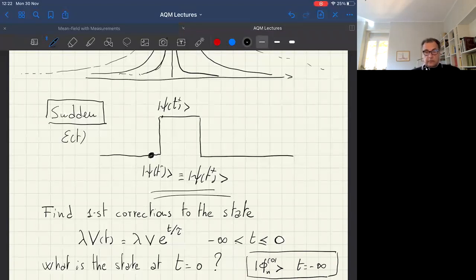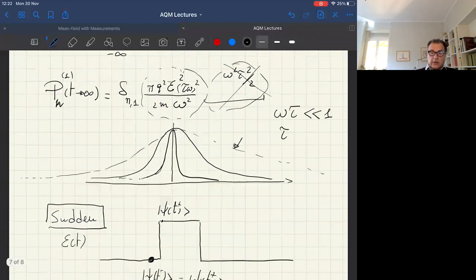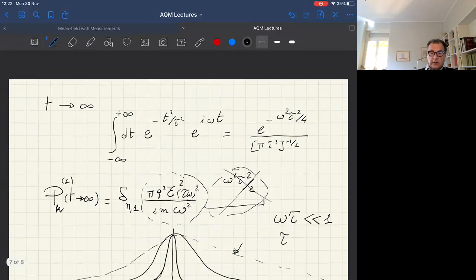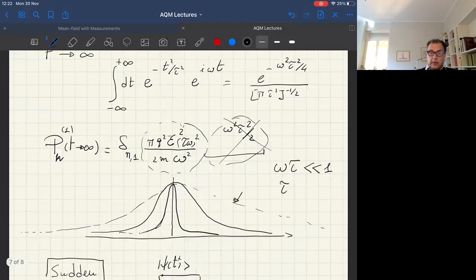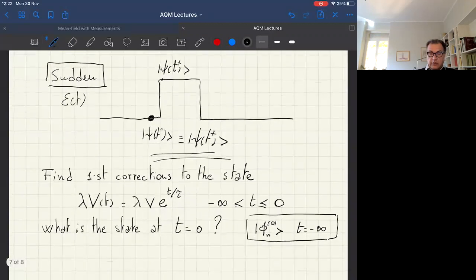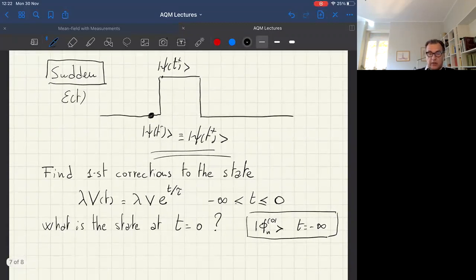Suppose that the system started from the state phi 0 of n when t was minus infinity. You can do the following: first do the explicit calculation for the same perturbation. The only thing you have to change for the harmonic oscillator is, instead of having e to the minus t squared over tau squared, you take this time dependence.